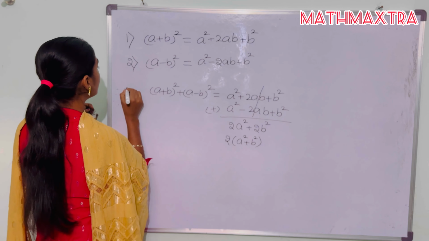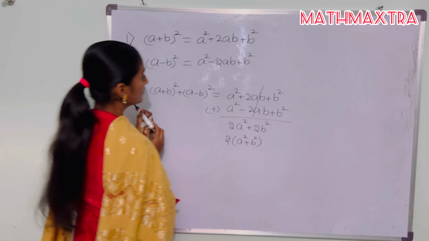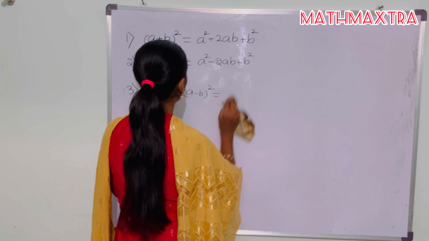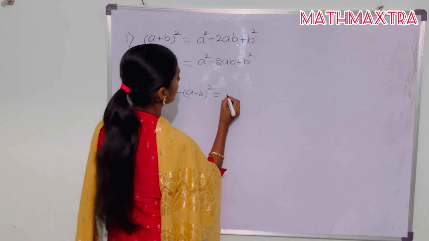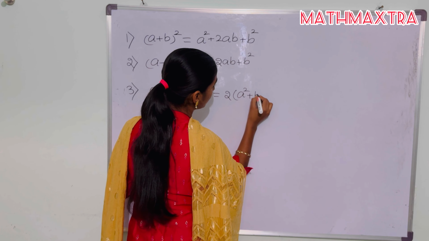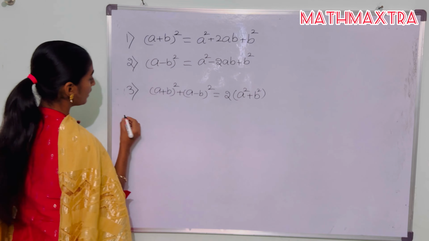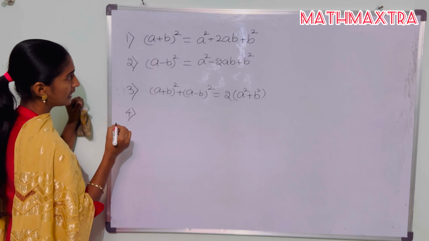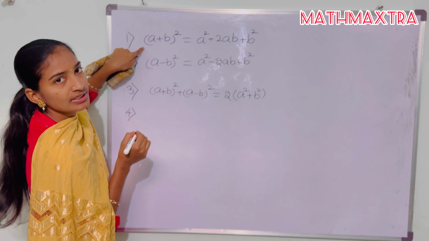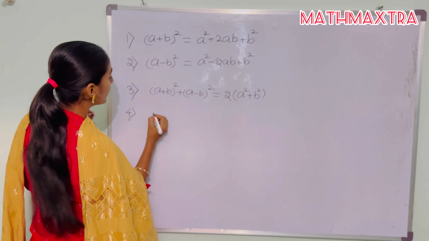So our third identity is (a + b) whole square plus (a - b) whole square is equal to 2 into (a square plus b square). Okay.